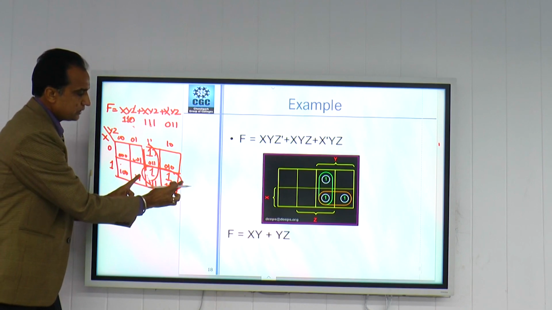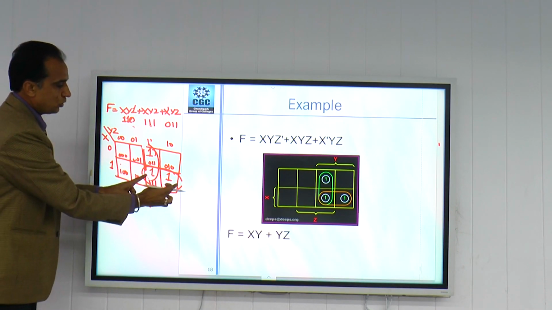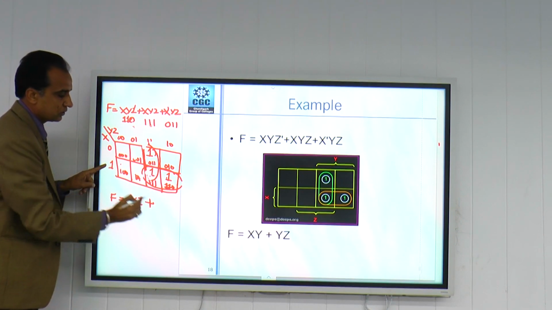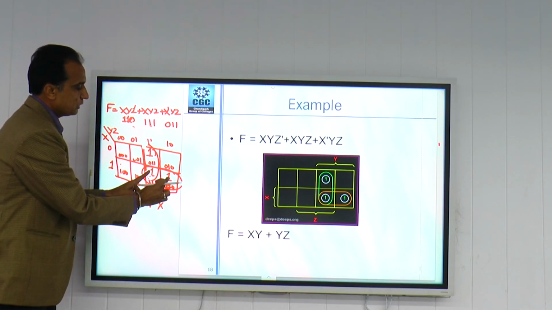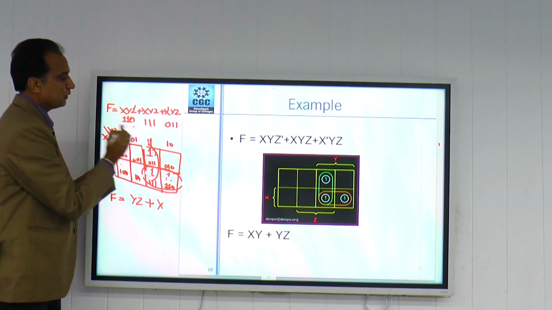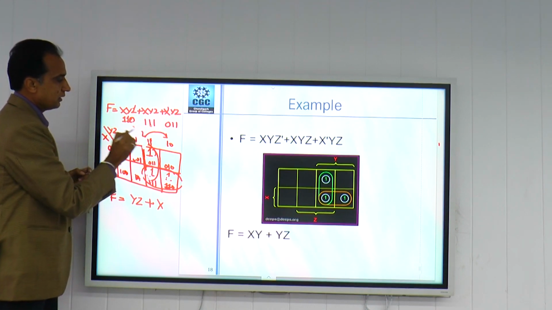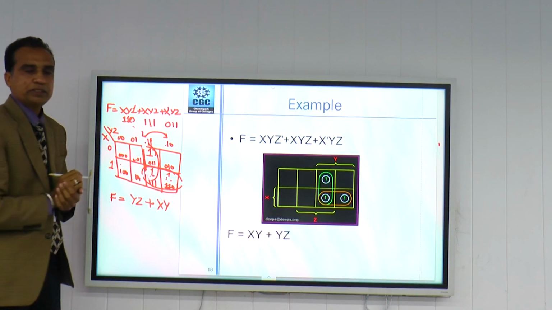Then according to this horizontal group, we have to check which variable is changed. Corresponding to these two ones, x value means 1, so x should be in the answer. Now for the upper two values, y value means 1 over here and 1 over here, so y should be included in the answer.